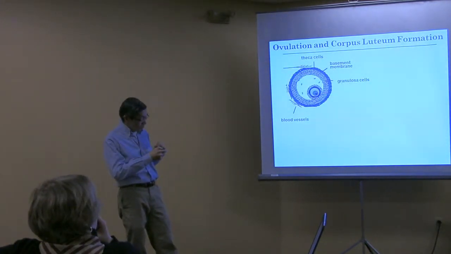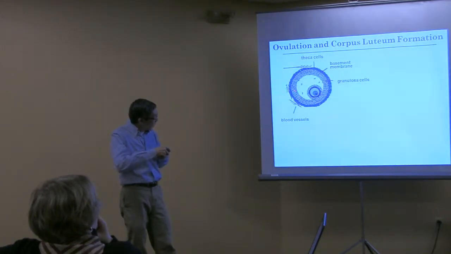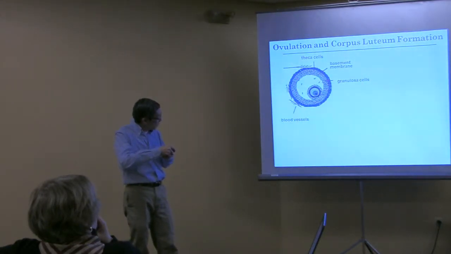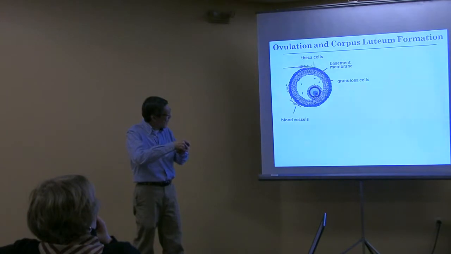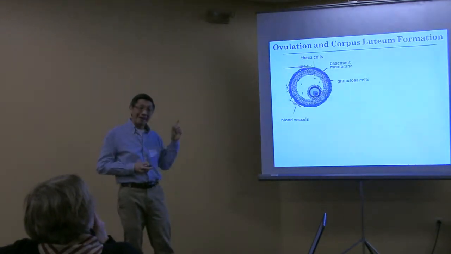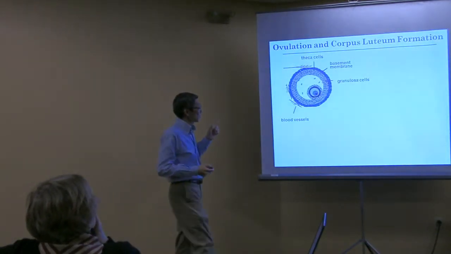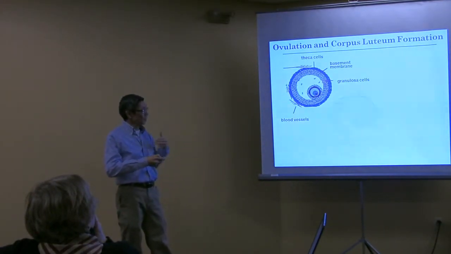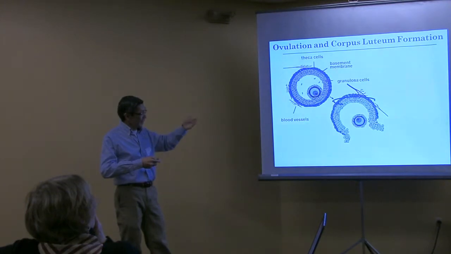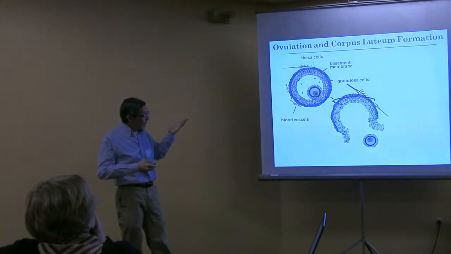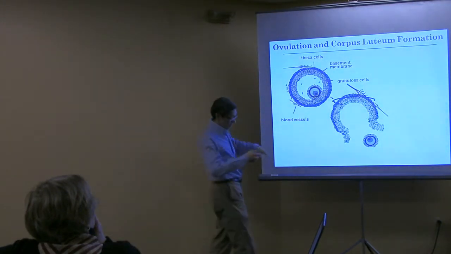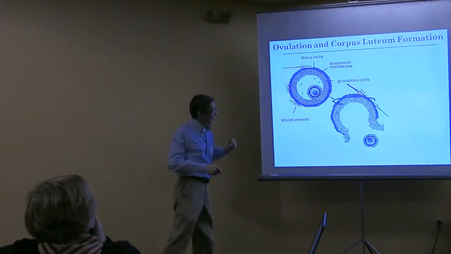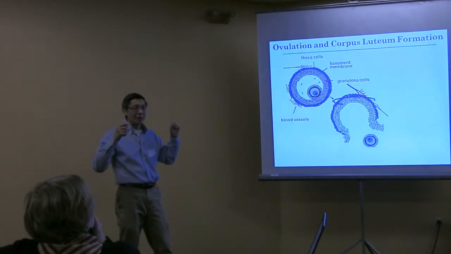So in the cow follicle, there are two cell types to know, to be familiar with: the granulosa cells and then the theca cells. And you notice that it's the theca cells that actually have a blood vessel system. At this time, there's no blood vessel system in the granulosa cell. As it matures, and then when it's picked to ovulate, that is, the egg that's going to ovulate, what's going to happen is that this is breached here, and upon that breaching, something starts.